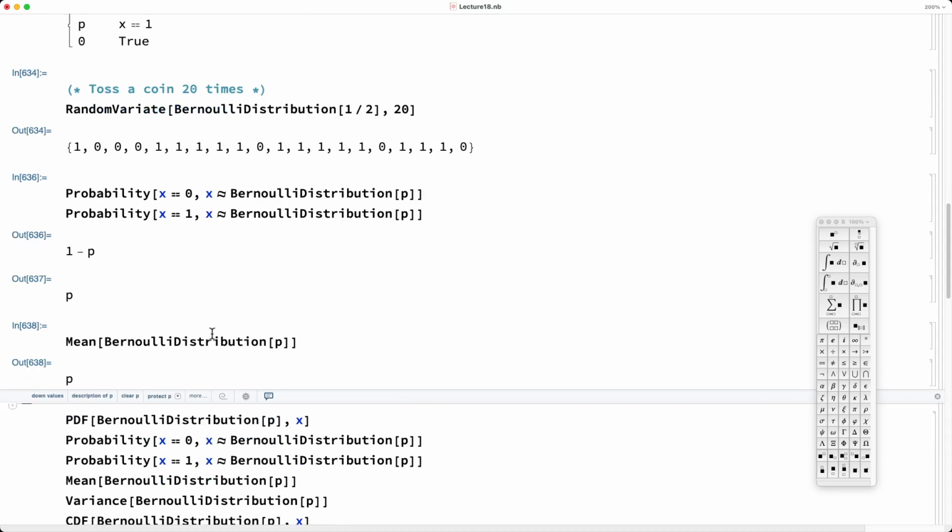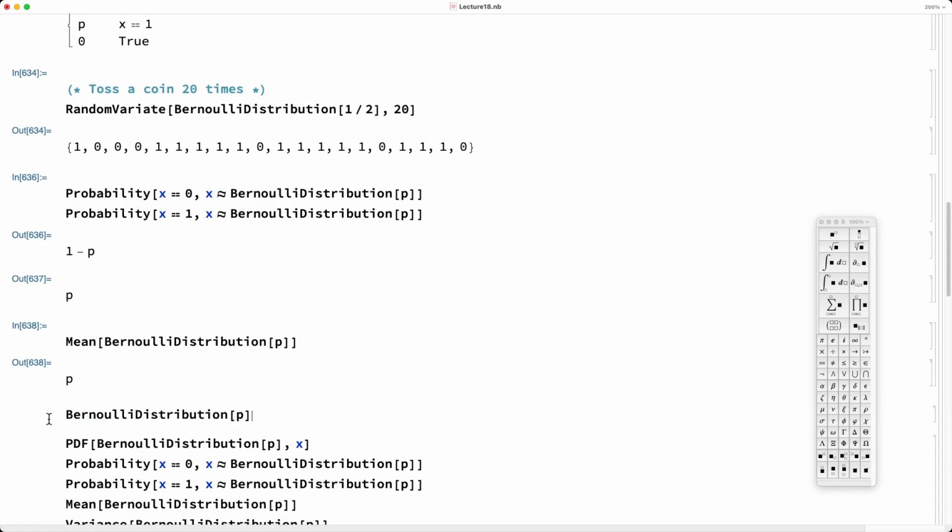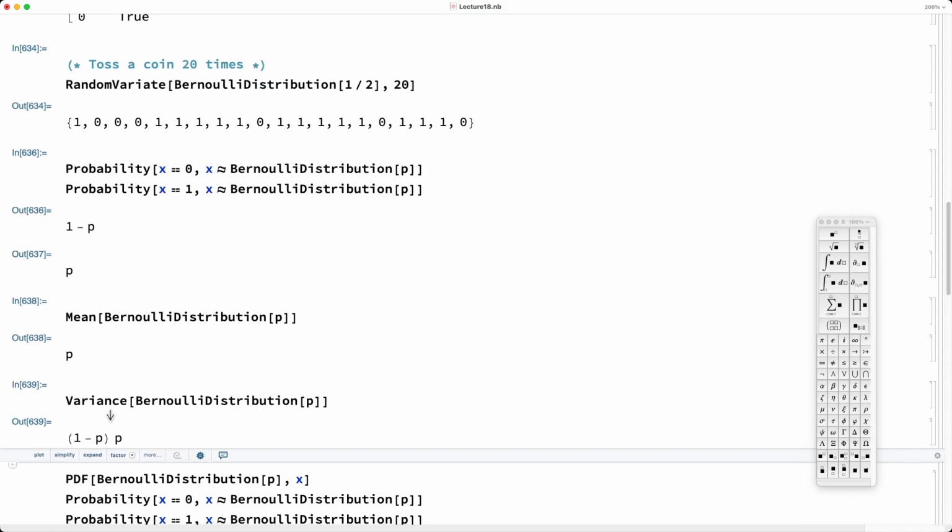So for a coin, the mean is 1/2. That's the mean between heads and tails. And we can also ask for the variance. So we can simply say variance, and Mathematica will calculate the variance for us.